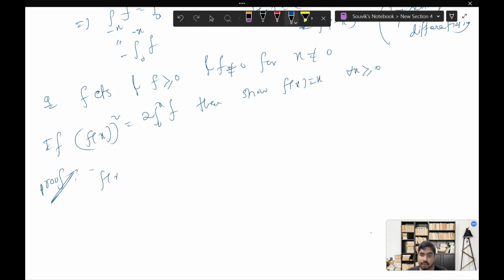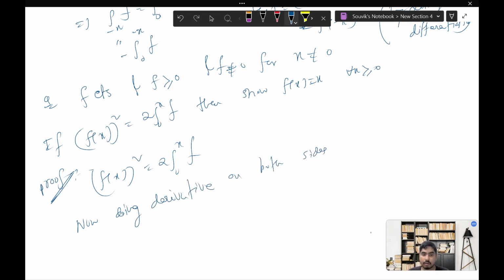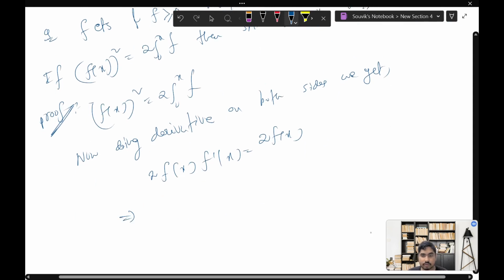Here we need to do the derivative again. Now by doing the derivative on both sides we get f dash x is equal to f(x). And that implies f dash x equal to 1.